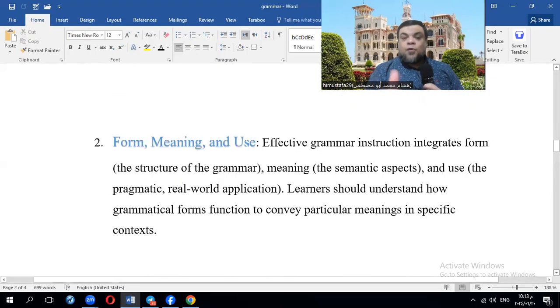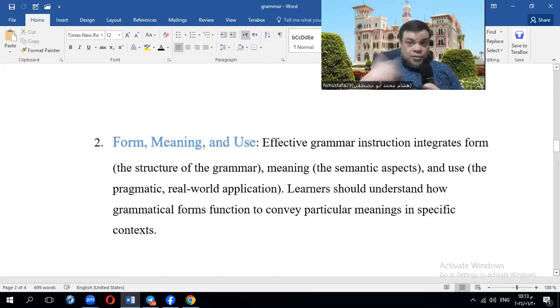Number two, form, meaning, and use. Effective grammar instruction, if I'm going to teach grammar, should integrate form. Form means syntax, the structure of the grammar. But I should not separate it. I should integrate it with meaning, the semantic aspects.